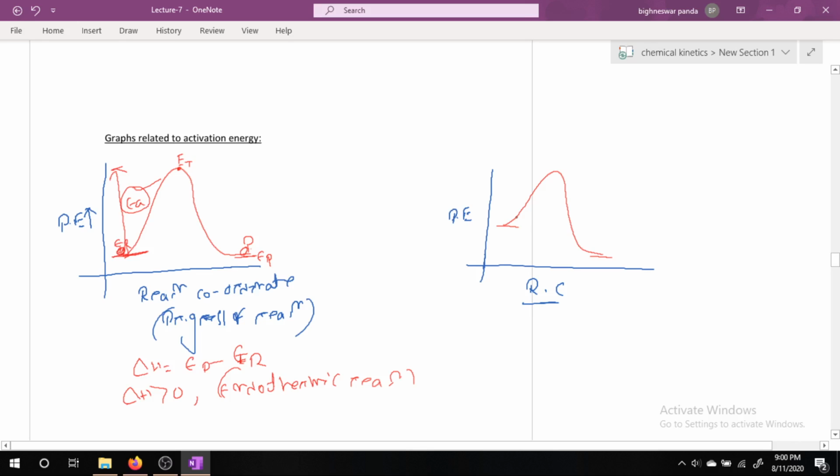Similarly, here the molecule is reactant molecule, here is the product molecule EP and the top ET. In order for this ball to participate in a reaction, the molecule should possess this much extra energy. This amount of extra energy is called activation energy. So here delta H is equal to EP minus ER, but energy of product is very less than energy of reactant.